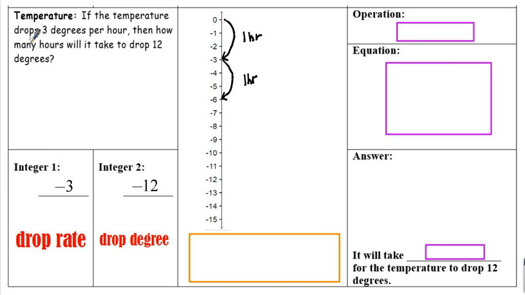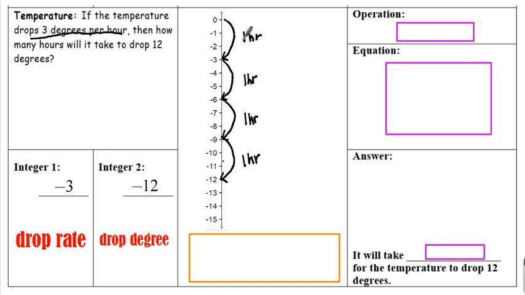Because again, we know that it's dropping 3 degrees per hour. So after 1 hour, we're going to drop 3 degrees again. And that's going to be at -9. So far, 1 hour plus 1 hour plus 1 hour, that's 3 hours. And then we're going to drop 1, 2, 3 degrees again, and we are at -12.